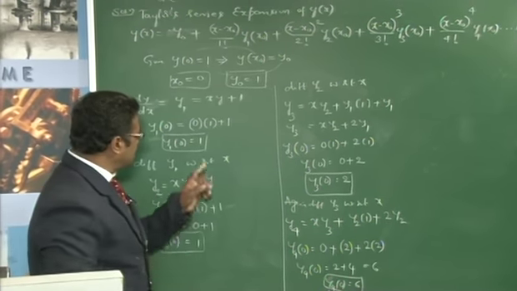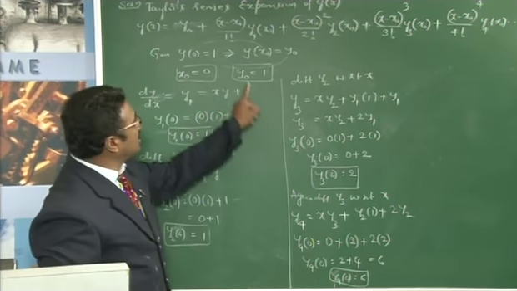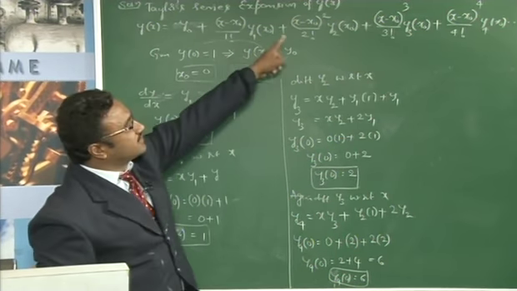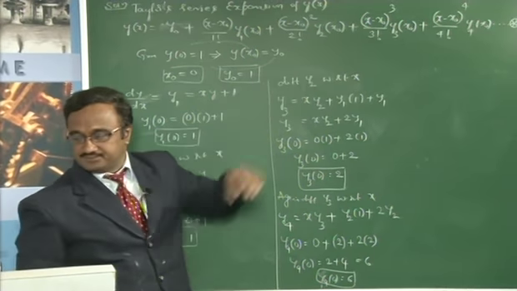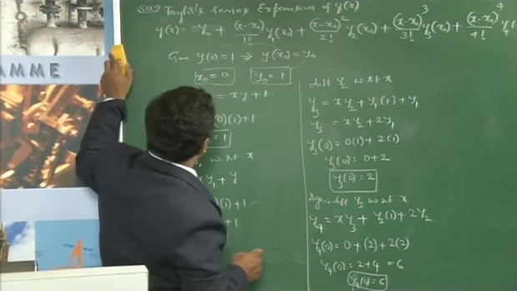After finding all of these, y1, y2, y3, y4 along with the initial condition, we substitute them in equation star. I am writing here now.